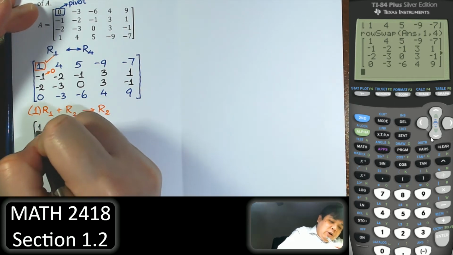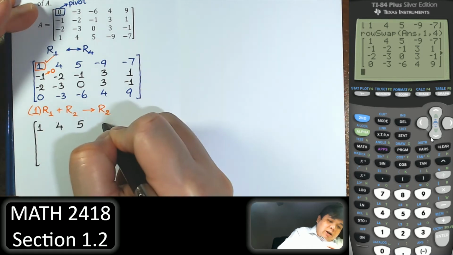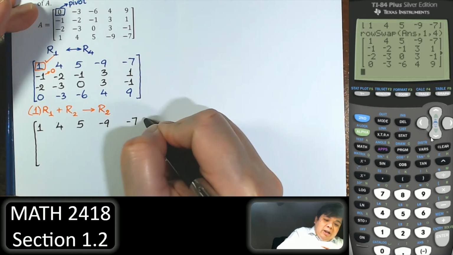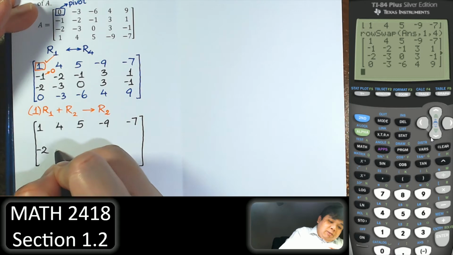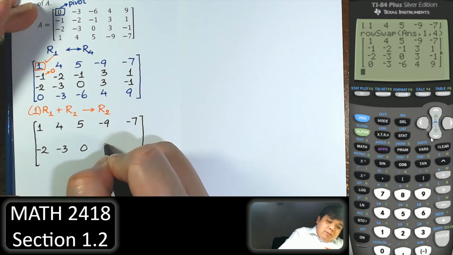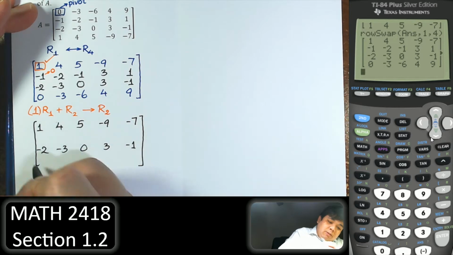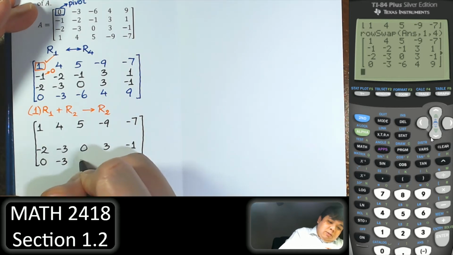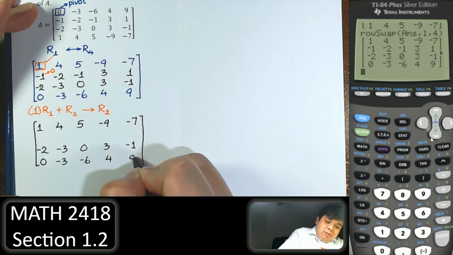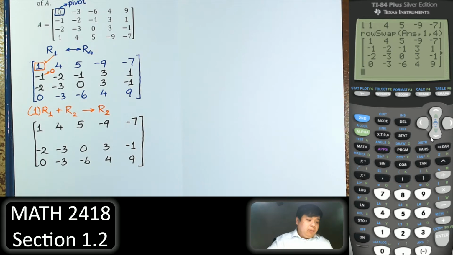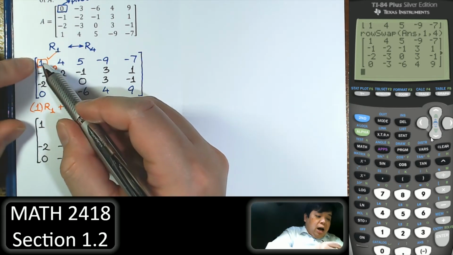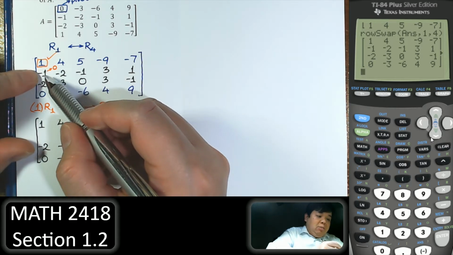Right, I have 1, 4, 5, -9, -7. Remember, only row 2 will change. The other 3 rows will stay the same. 1 times row 1. 1 times 1 is 1 plus -1.